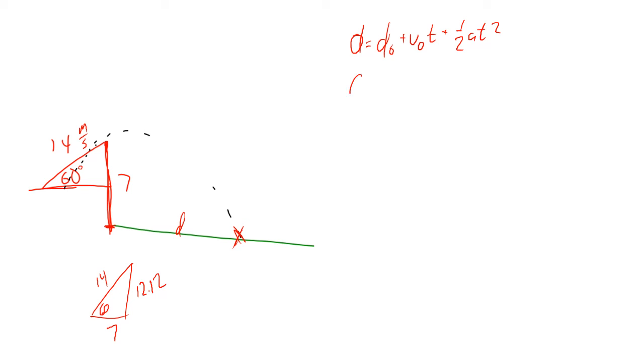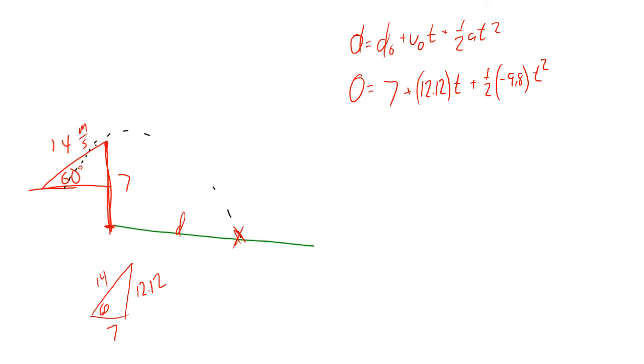So d is going to equal 0. d0, we have a starting height this time, which is going to be fun, let me tell you. But I'll tell you in a second. v0 times t plus 1/2 times negative 9.8, right? Because it's going down and we're pointed up.